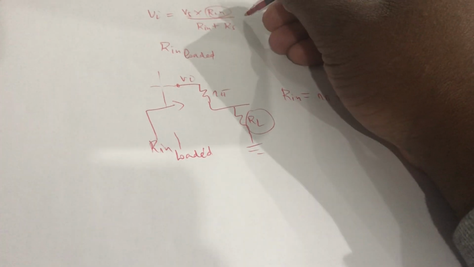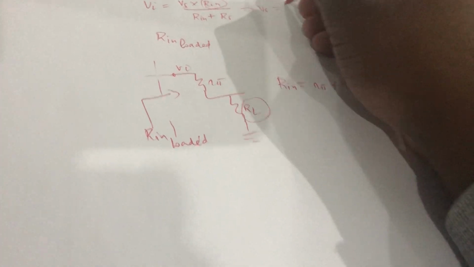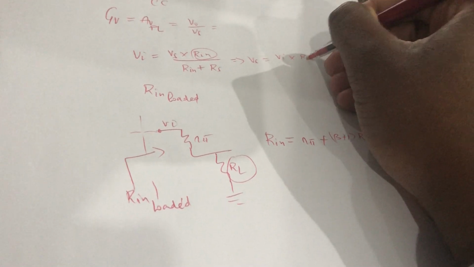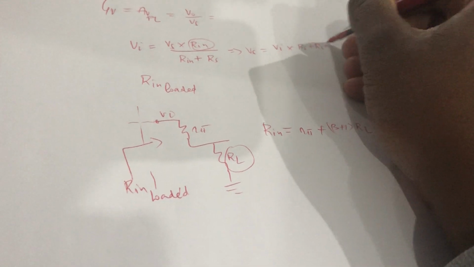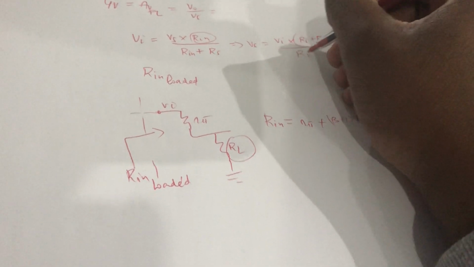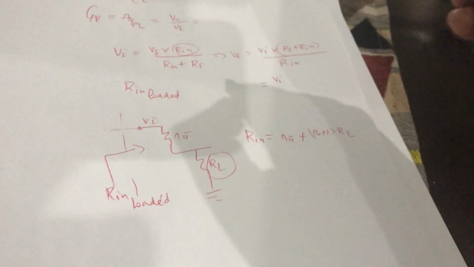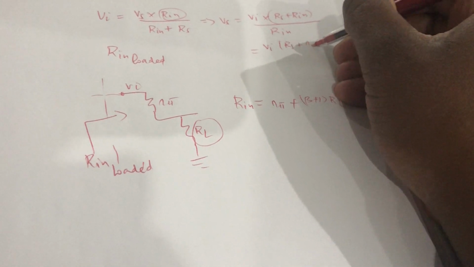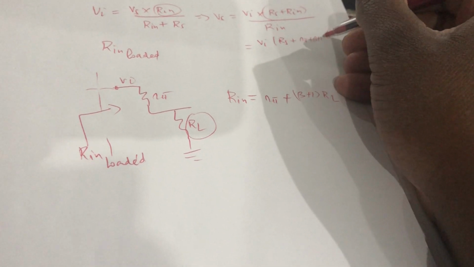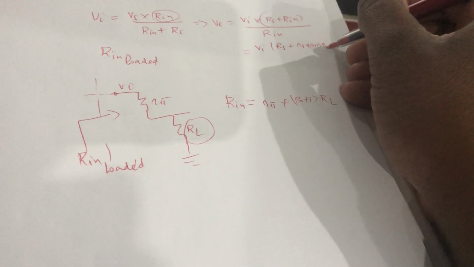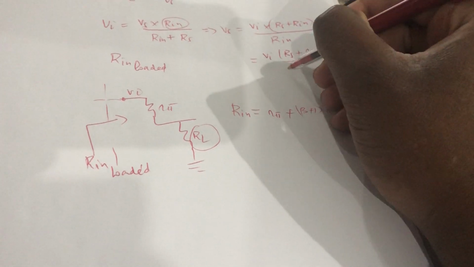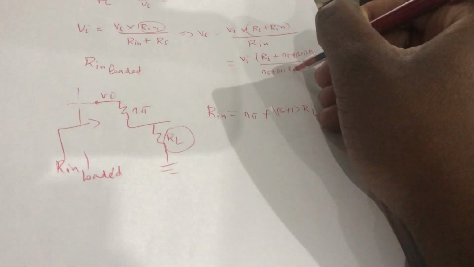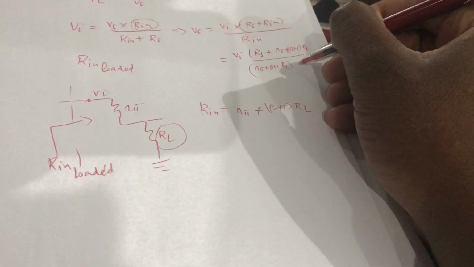So that would mean that VS, which is VI times (RS plus R in) over R in, will become VI times (RS plus R pi plus (beta plus 1) RL), all of that divided by R pi plus (beta plus 1) RL, which is R in loaded now.